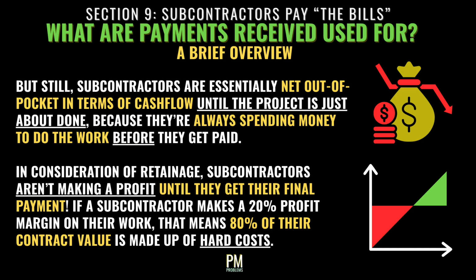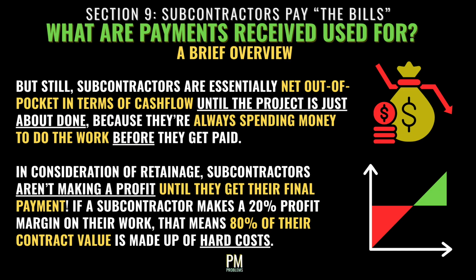In consideration of retainage as well, many subcontractors aren't truly making a profit in any real sense until they get their final payment. If a subcontractor makes 20% profit margin on their work, that means 80% of their contract value is made up of hard costs, which include, of course, labor, equipment, and materials.